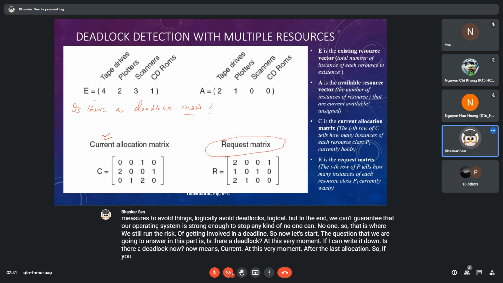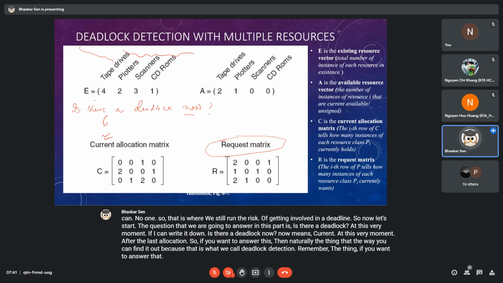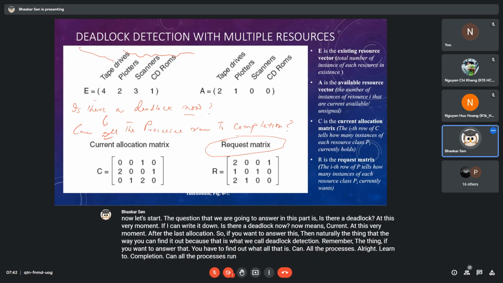If you want to answer this, because that is what we call deadlock detection, remember, you have to find out one other thing: can all the processes run to completion at this stage?